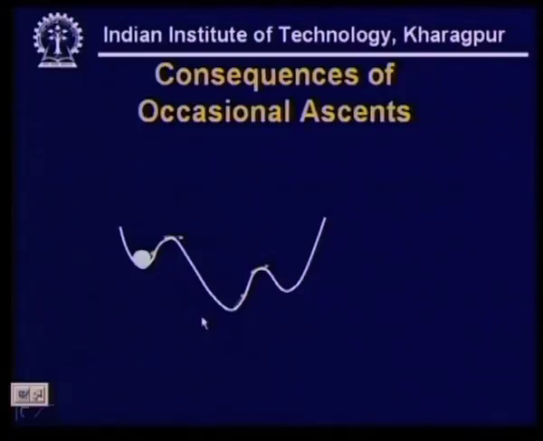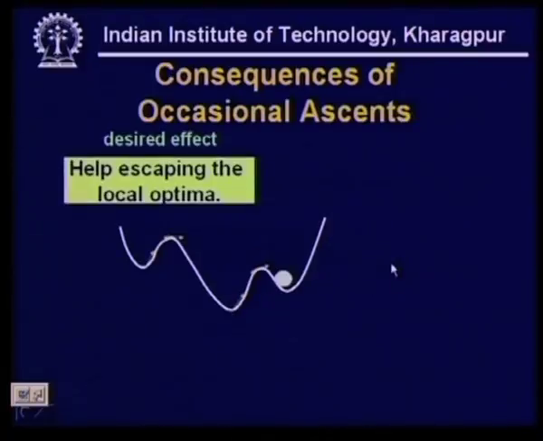It may be necessary to climb the hill at certain points, even though we want to reach the deepest valley. So, occasional ascents are required, so that the ball can get over this hump and settle at a minimum, which may be global or local.